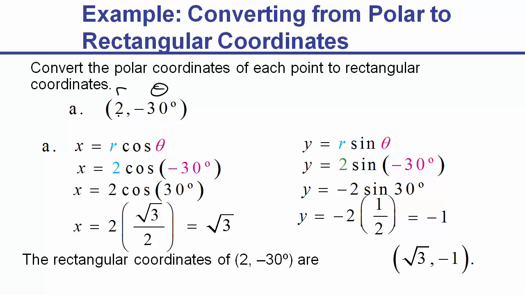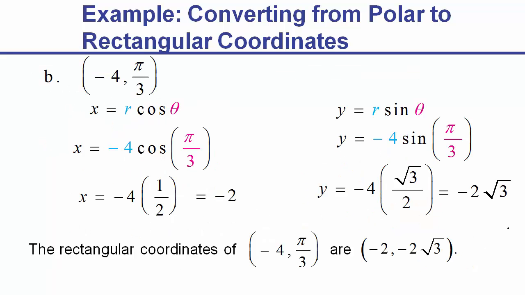So all we have to do is stick these things into those two nice identities, slap it into your calculator, figure out what cosine of theta is, figure out what sine of theta is, multiply them by r, and you get your two numbers for x and y, and there is your rectangular coordinate, the standard Cartesian one that we're used to. Simple. We could do it again with another example, and you can see that it's just the same thing. Very, very easy. Don't overthink it.